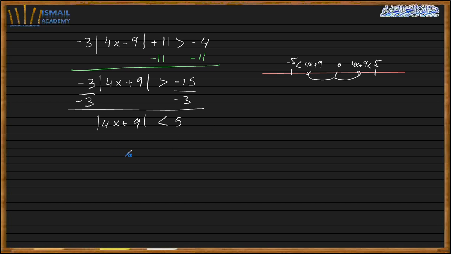So either I use that idea, minus 5 is less than 4x plus 9, which is less than 5, or I can choose this: minus 5 is less than 4x plus 9, and 4x plus 9 is less than 5.